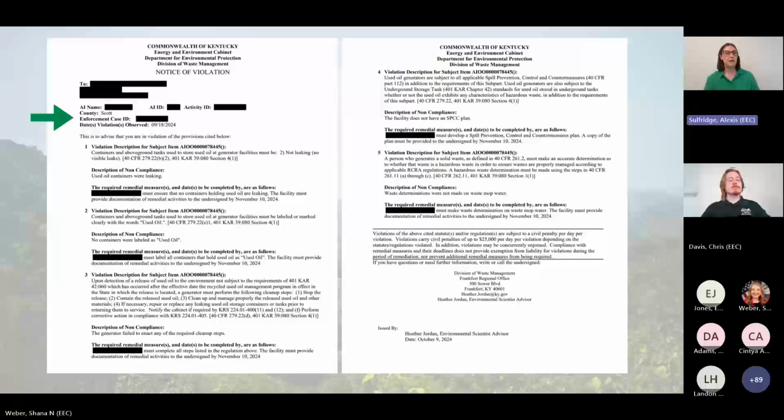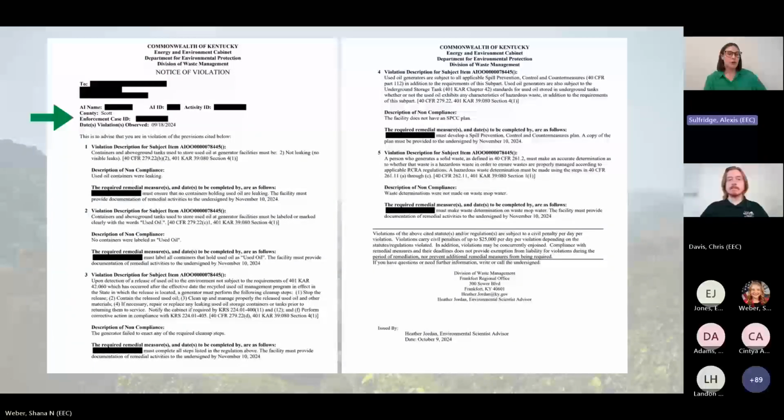So the first section here, you'll see a green arrow. That is the identifying information. We have redacted this particular NOV just for privacy's sake, but it's got an AI name, and then there are a couple numbers on there that we've also redacted. That is just for cabinet tracking of information for facilities, so we can look all this stuff up in our systems.